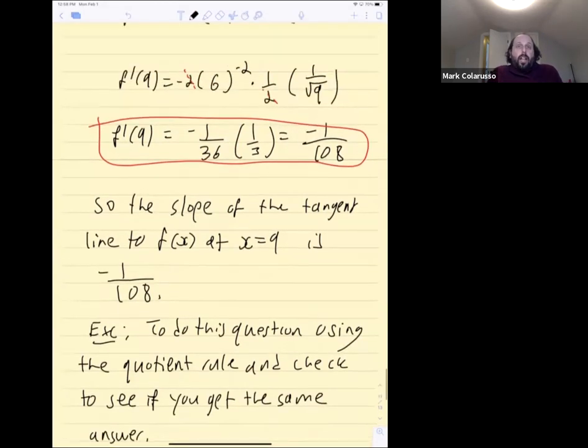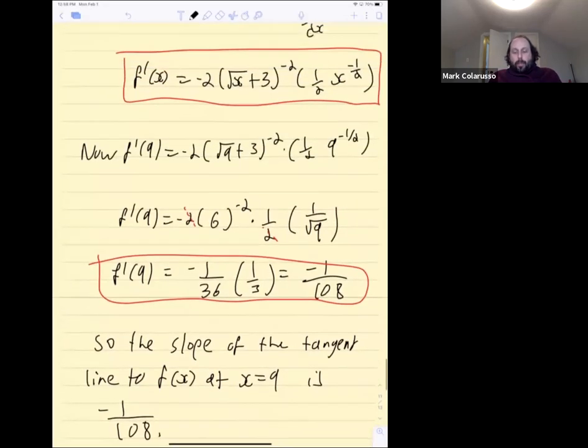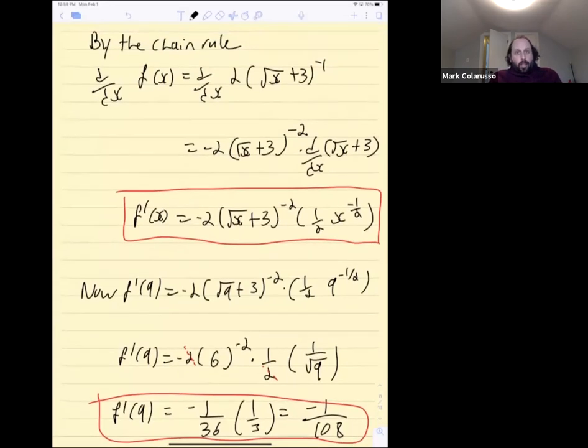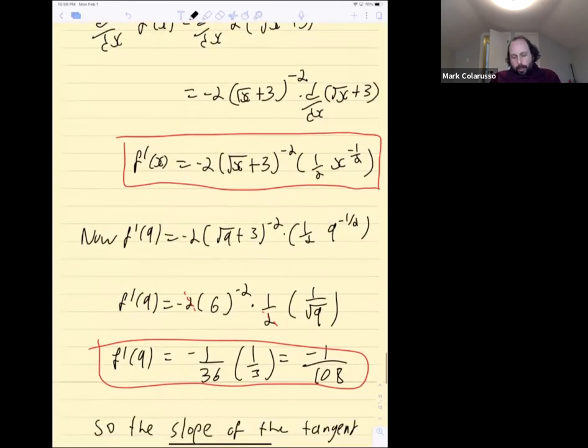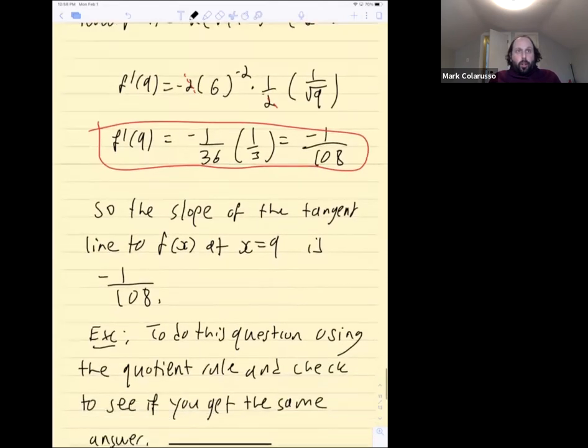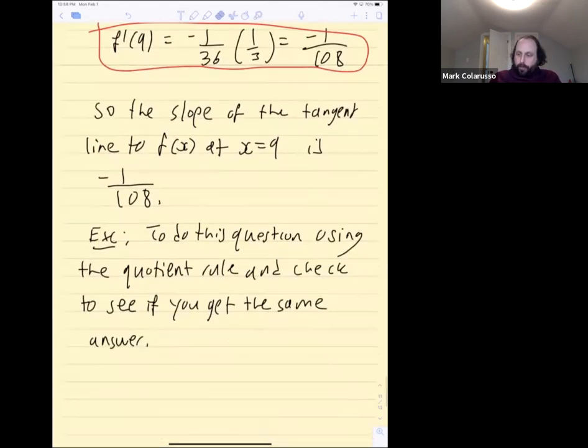You should, because the slope of the tangent line, the value of the derivative, should be independent of the way you calculate it. If you get something different, either I made a mistake or you made a mistake, or maybe we both agree, and if we both agree, then the likelihood is this is correct, as far as I can tell. So that concludes our discussion of the chain rule and the videos for this week.